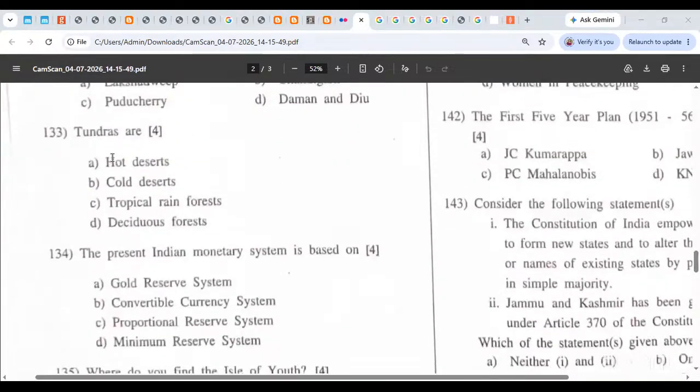Good. Let's look at what tundras are. Okay. Tundras are hot deserts, cold deserts, tropical rainforests, or deciduous forests. Famously, we had discussed this yesterday also when we had looked at different biomes.